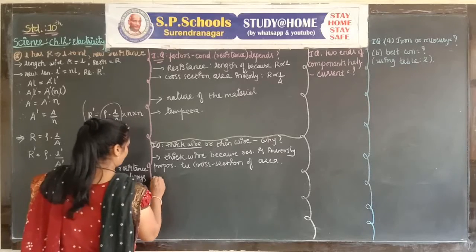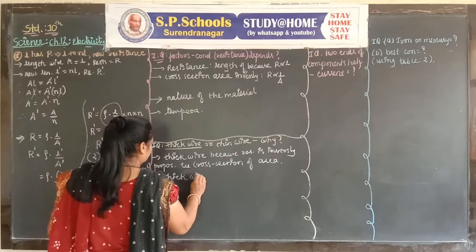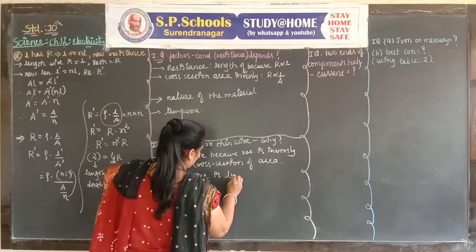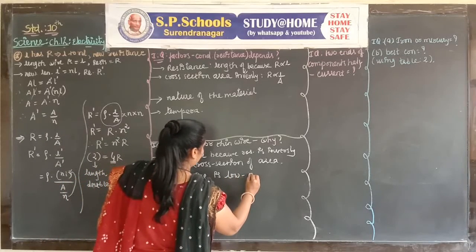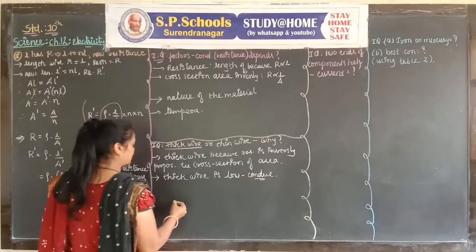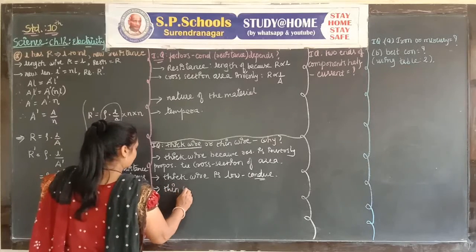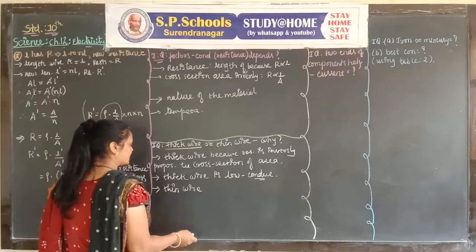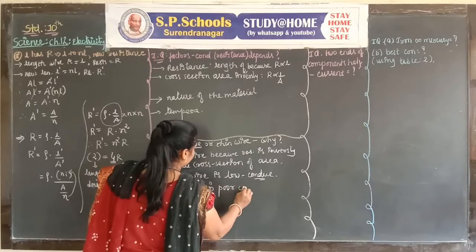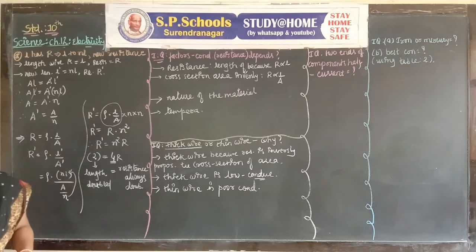So the resistance of a thick wire is low, so it can be a good conductor, and in comparison to the thick wire, the thin wire is a poor conductor. Simply we write it as an easy answer.